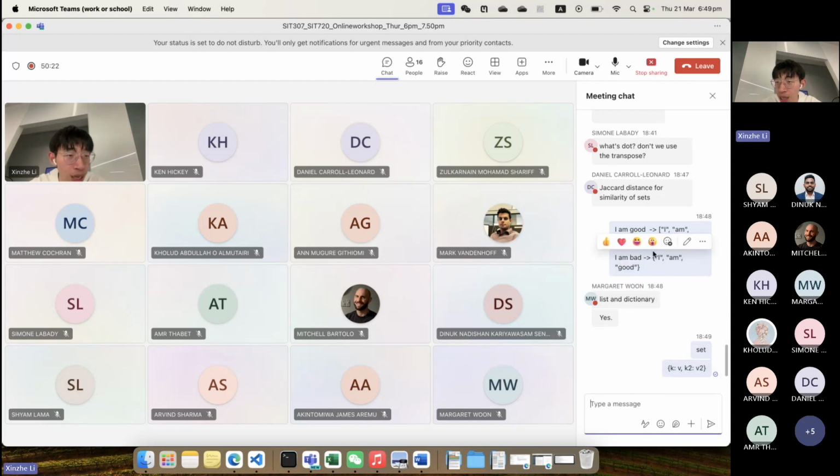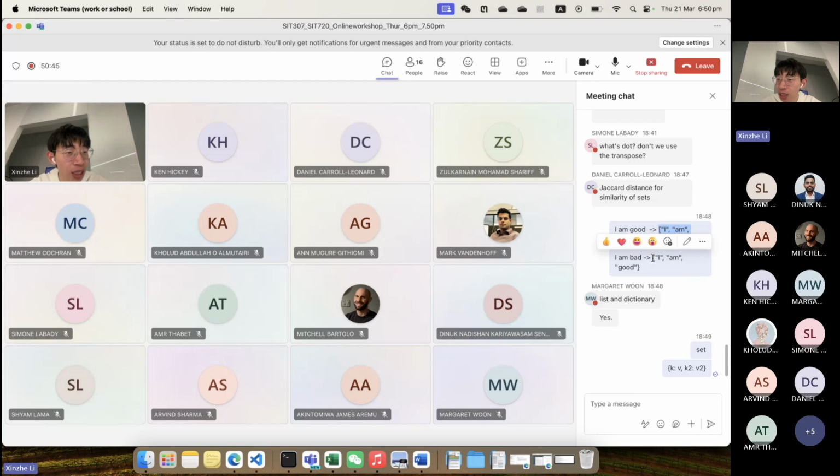But this is a set. So in this scenario, I want to calculate the distance between these two sentences. Normally, what will Jaccard distance do? If someone knows Jaccard distance, can you directly give me the answer?